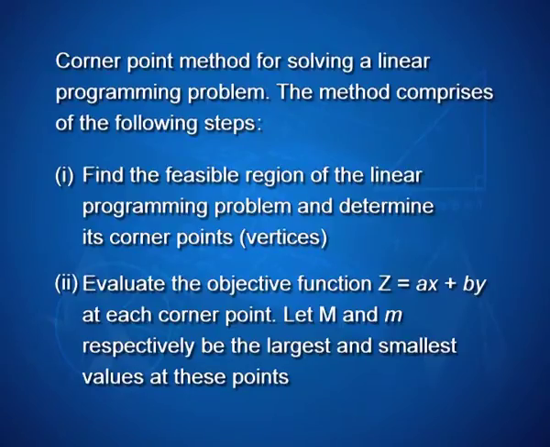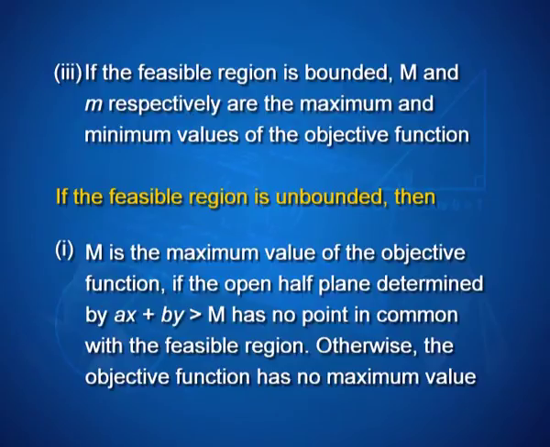Next, we will evaluate the objective function at each of these corner points, and if capital M and small m respectively are the largest and the smallest values at these points, then if the feasible region is bounded, capital M and small m respectively are the maximum and minimum values of the objective function.